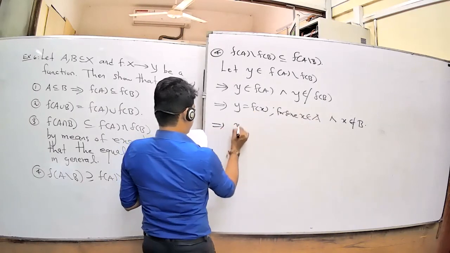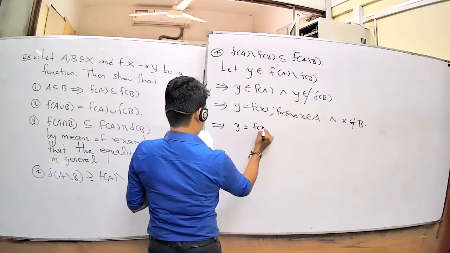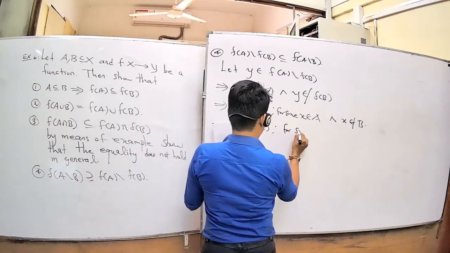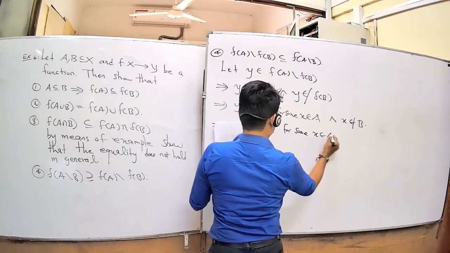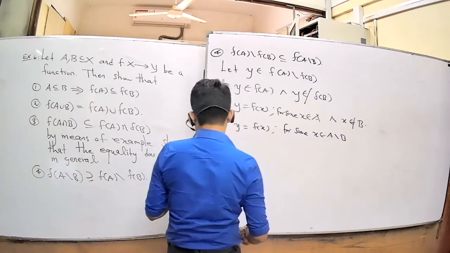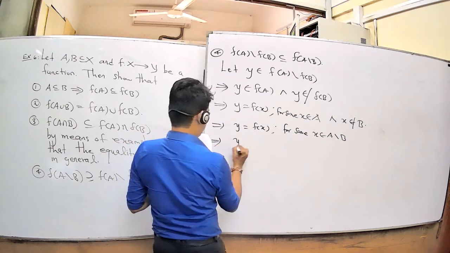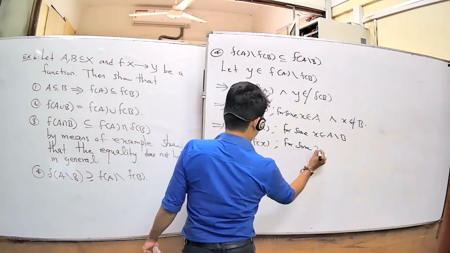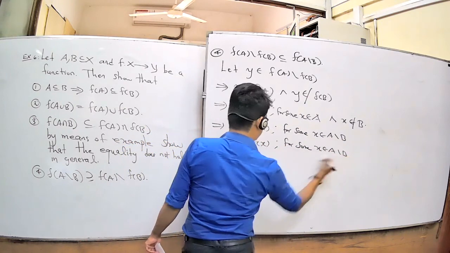This means y equals f of x for some x belong to a and x does not belong to b, that is, x belong to a minus b.